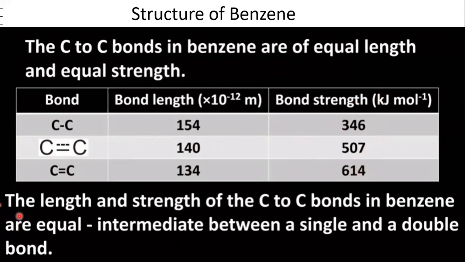So the major conclusion drawn was that the length and strength of the carbon to carbon bonds in benzene are equal and intermediate between a carbon to carbon single bond and a carbon to carbon double bond. So the length and strength of the carbon to carbon bonds in benzene are of equal value.